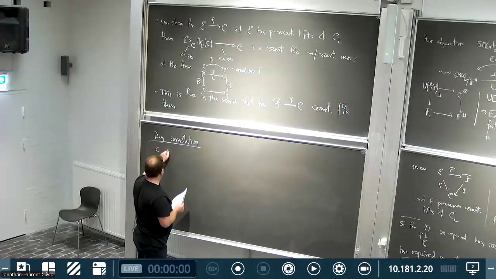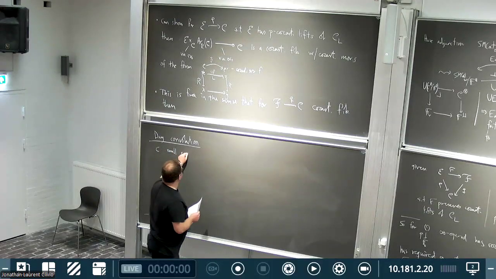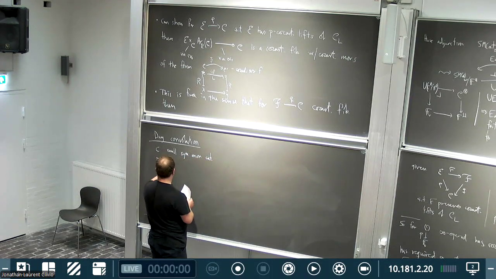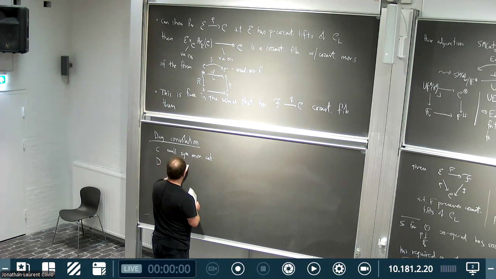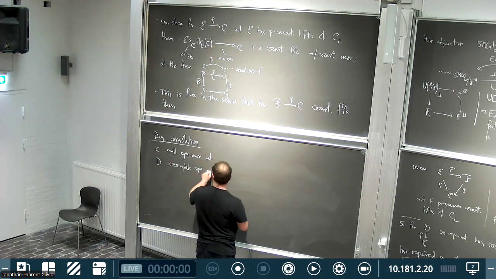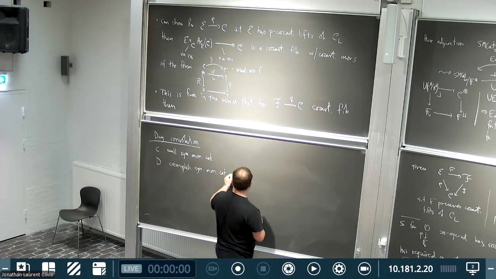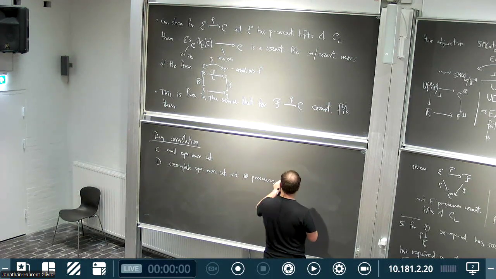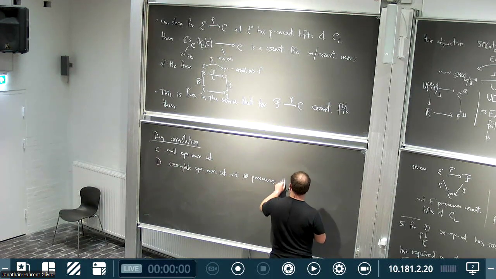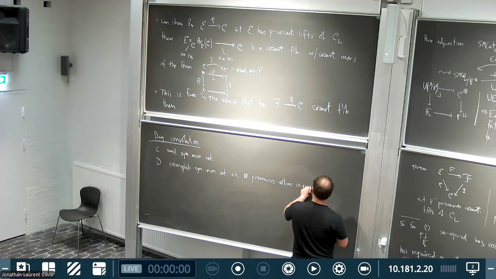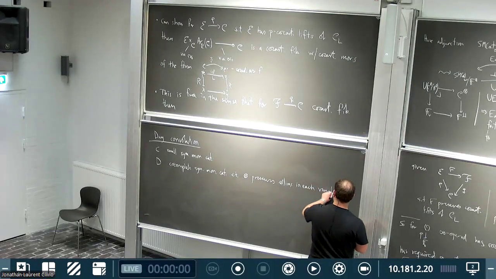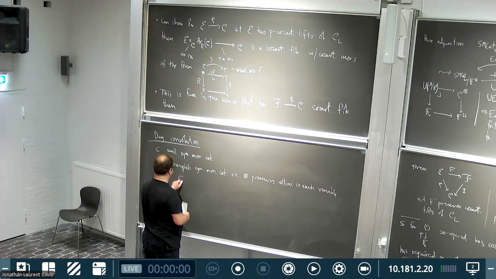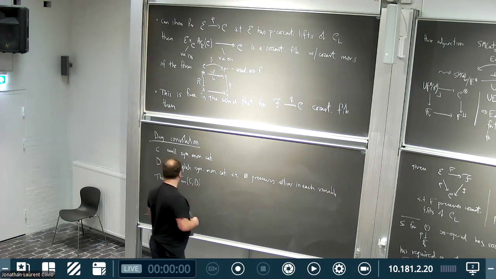We'll say that C is a small symmetric monoidal category and D is a complete symmetric monoidal category where the tensor product preserves these limits in each variable. Then you can now, in the category of functors from C to D, put a symmetric monoidal structure.